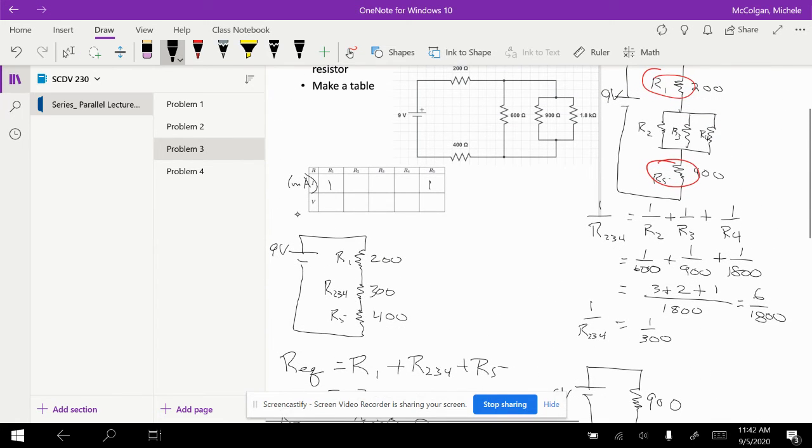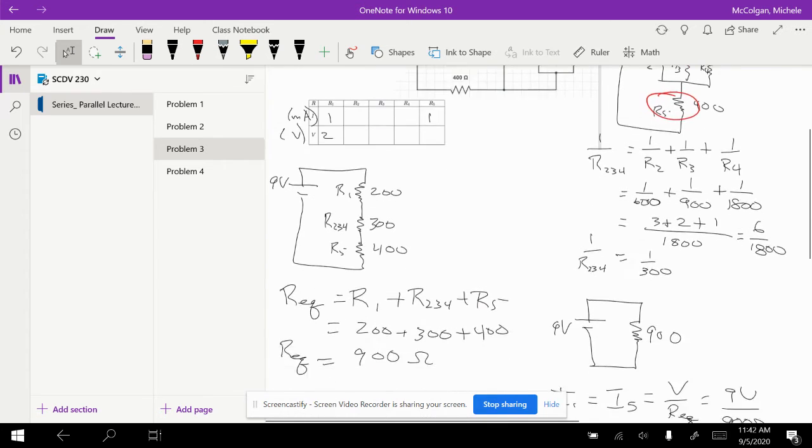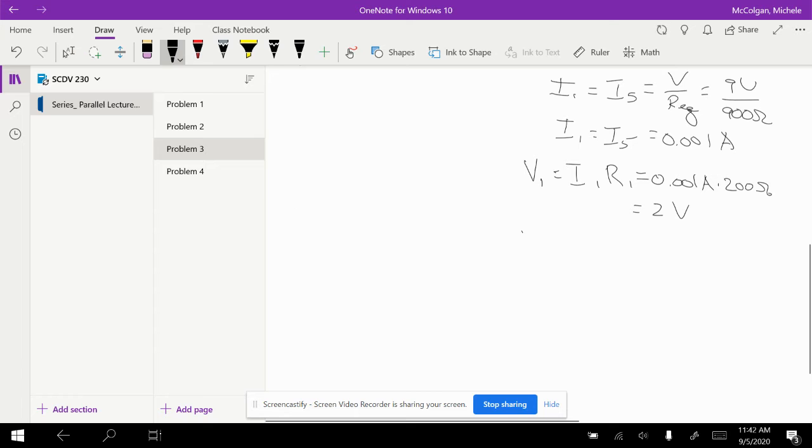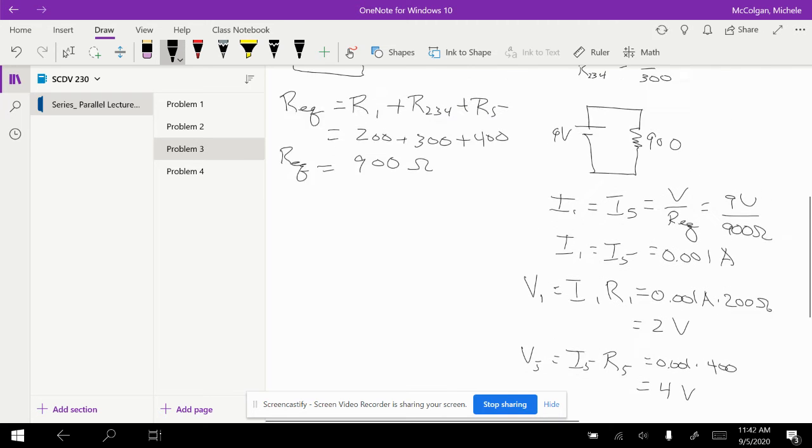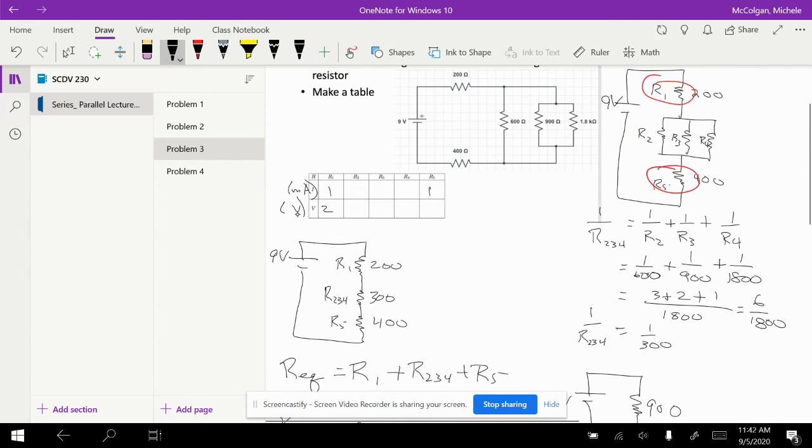So in my table, I'm going to have 2 volts here. Call this volts. For R5, I'm going to have double that. So V5 is equal to I5, which is the same as I1, times R5. So that's 0.001 times 400. And that gives me 4 volts. So in my table, 4 volts.